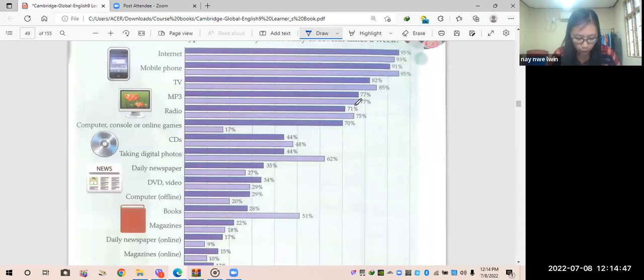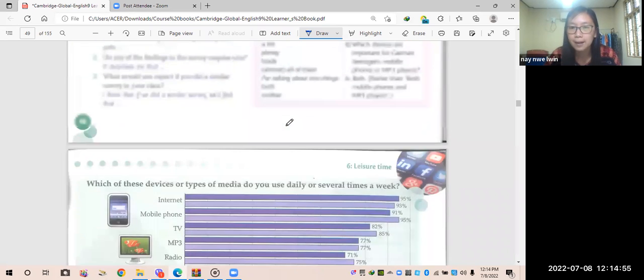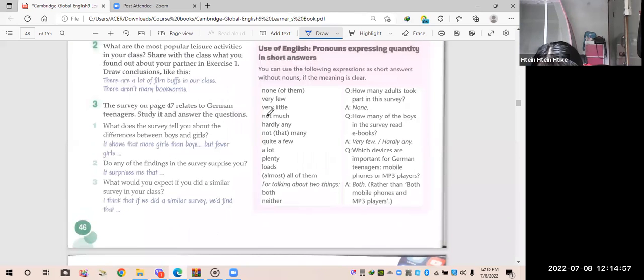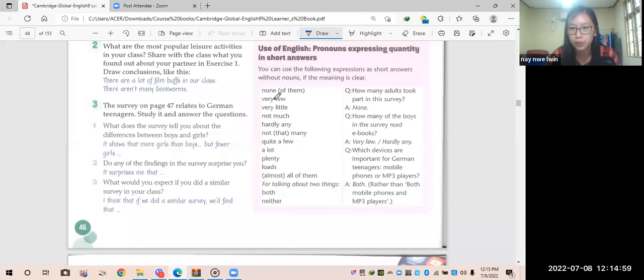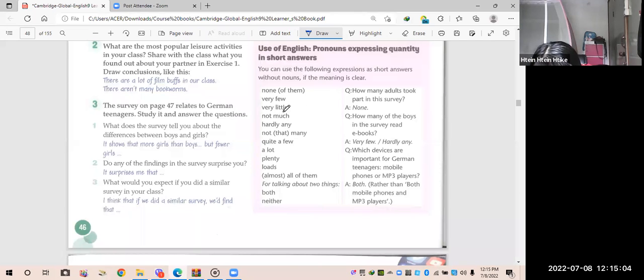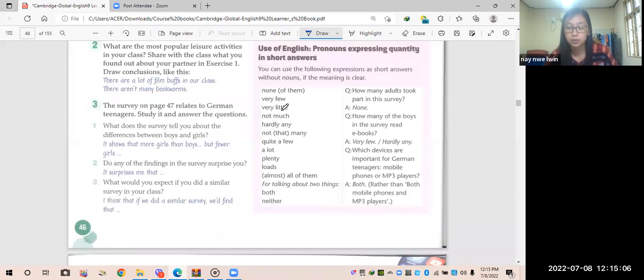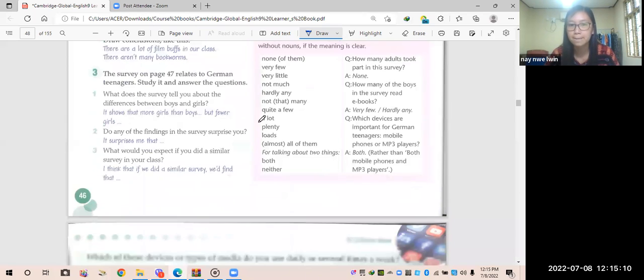And how about number four? How many girls play computer games? Oh, playing computer games is like 17%. So we can use not much or very few, right? Not much or very little or very few. We can use these expressions as it's only 17%, right?